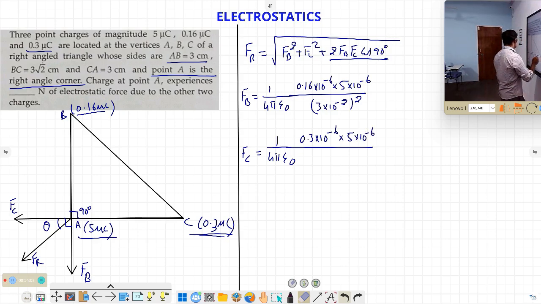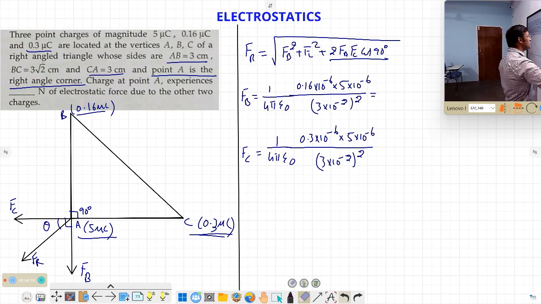The distance between C and A is given as 3 centimeters, so that is also 3 into 10 power minus 2 whole square. Now calculate these two values and substitute in the above equation.